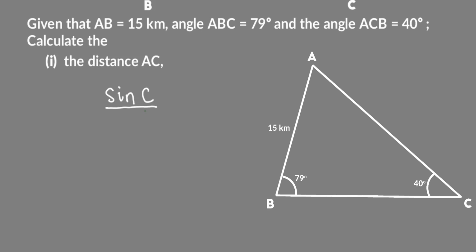over the side opposite the angle at C is going to be equal to sine B and the side opposite the angle at B. The distance we want to find is the B here, so we're going to make B the subject.